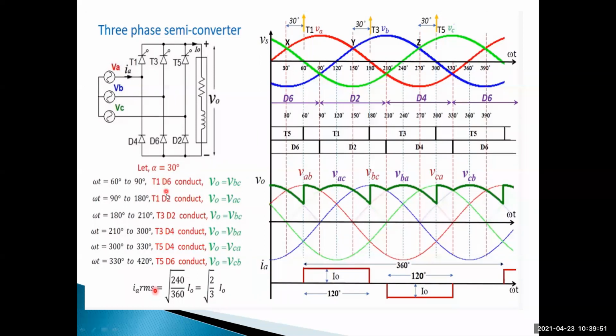Let's take the two combinations T2 and T6, and T3 here, that is, taking the combinations D2, D4 and T5. So like this, the semi converter operates, and the output voltage across this drive is like this.